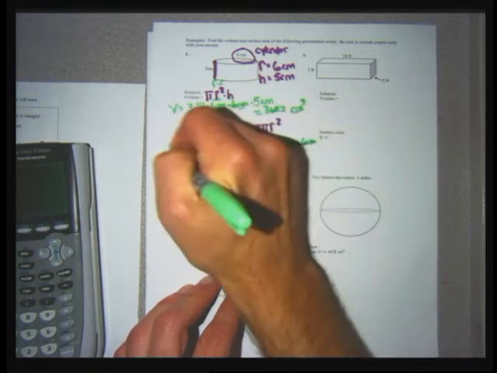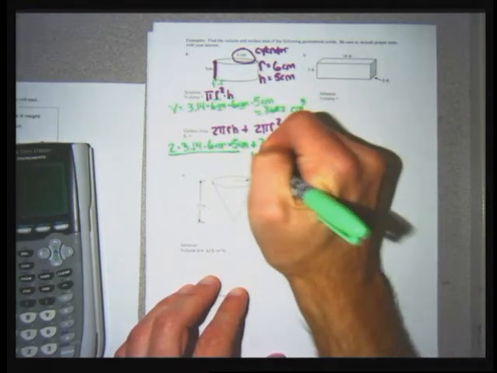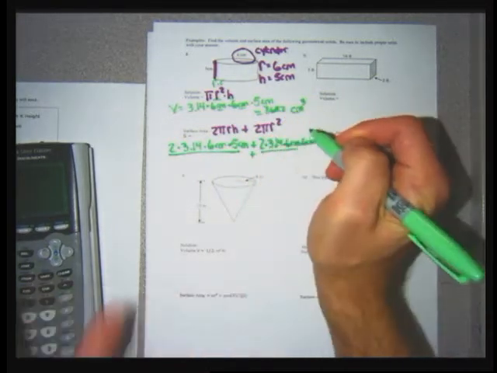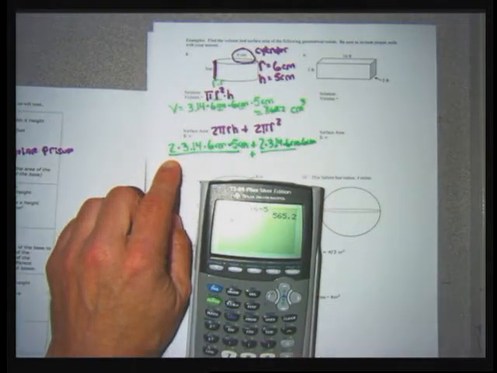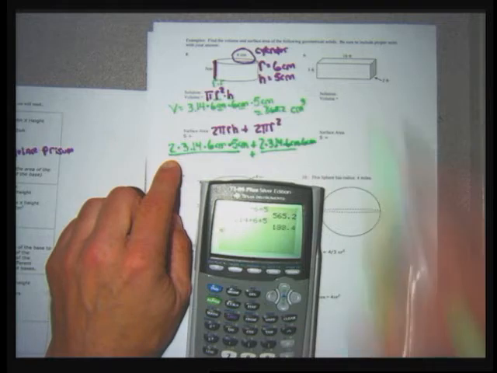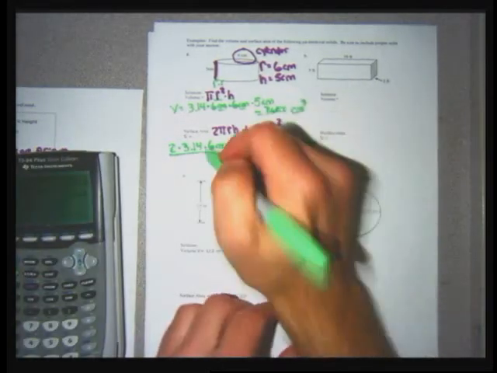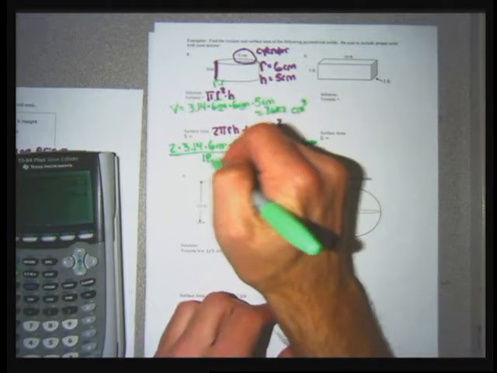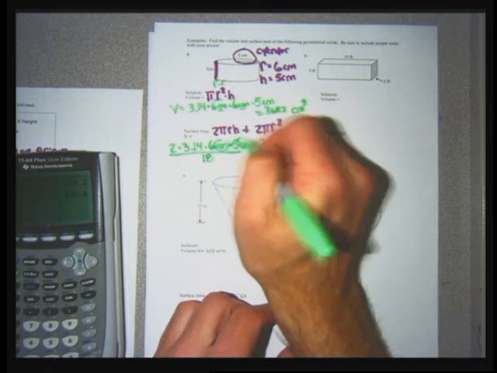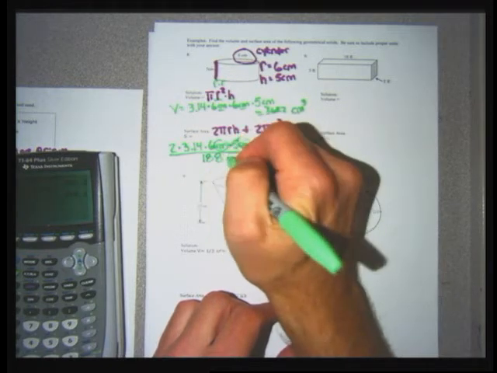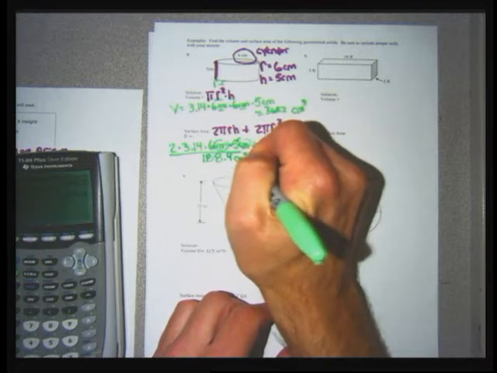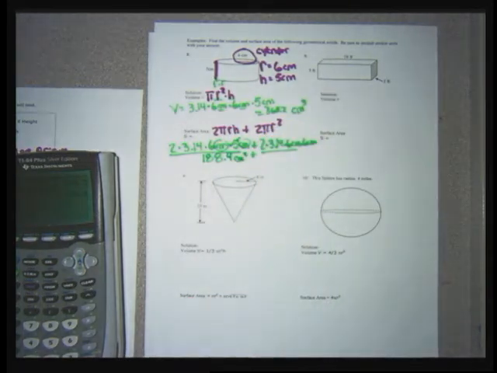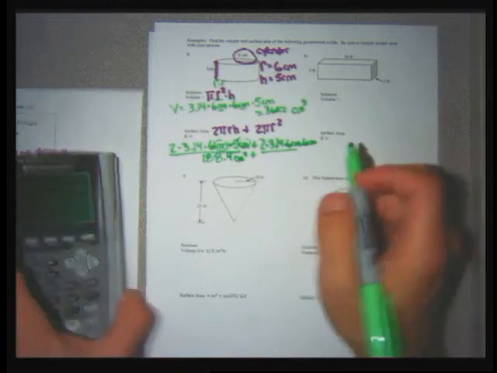Let me do this number, and then that. I guess I could do it all in one. So for the first number, it's going to be 2 times 3.14 times 6 times 5. And that's 188.4. Because the units are centimeters times centimeters, it's going to be square centimeters. So the first computation gives me 188.4 square centimeters, which I wrote with a centimeter abbreviation with an exponent of 2.